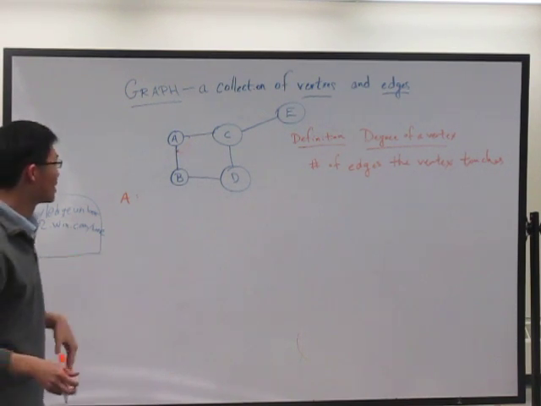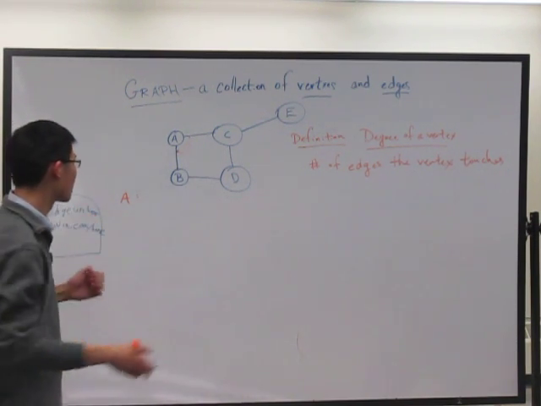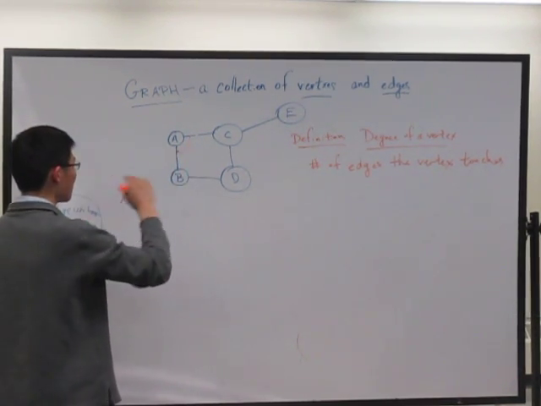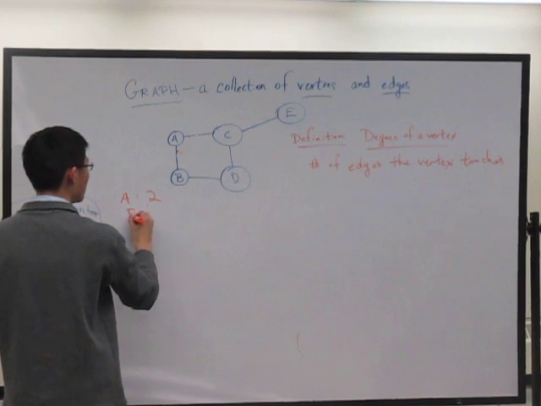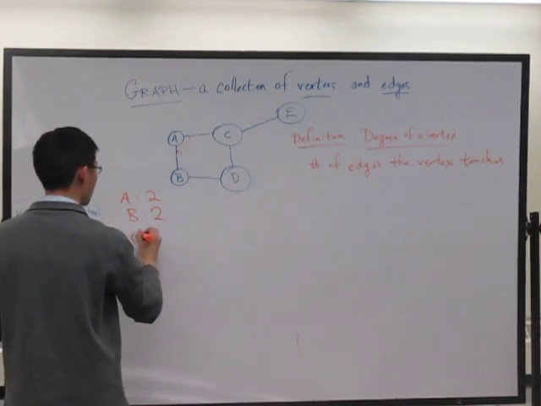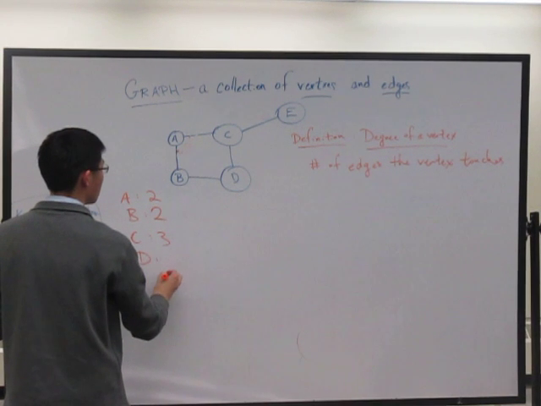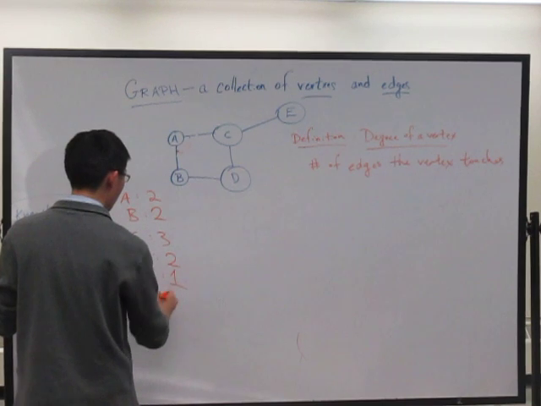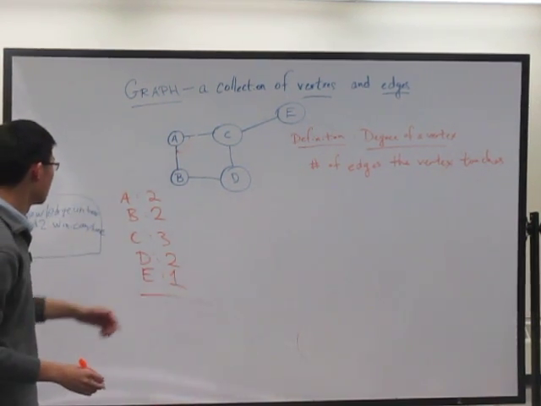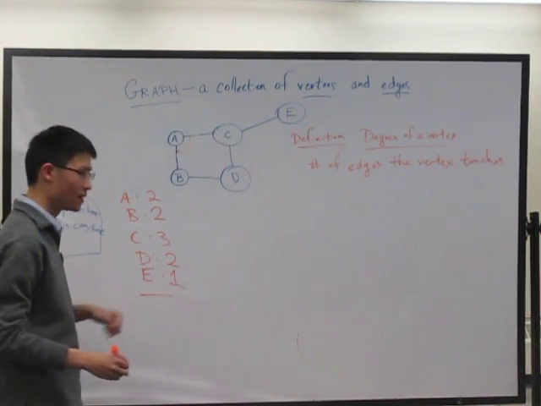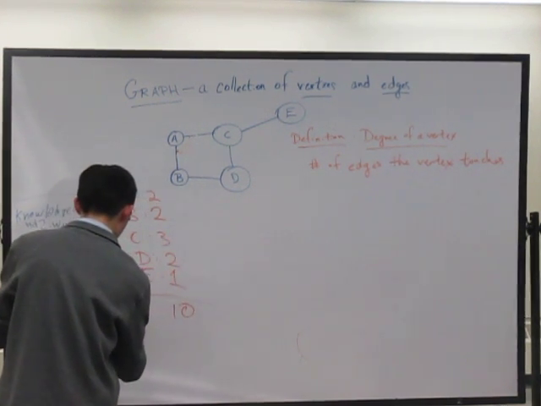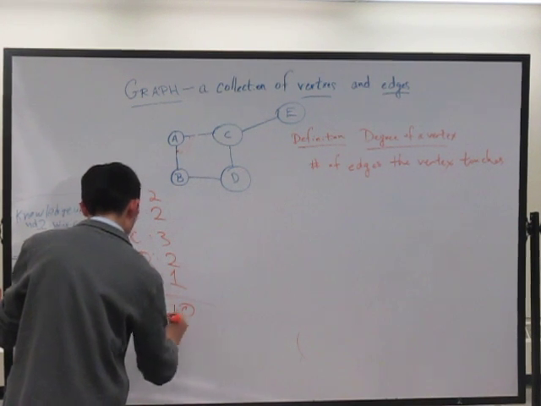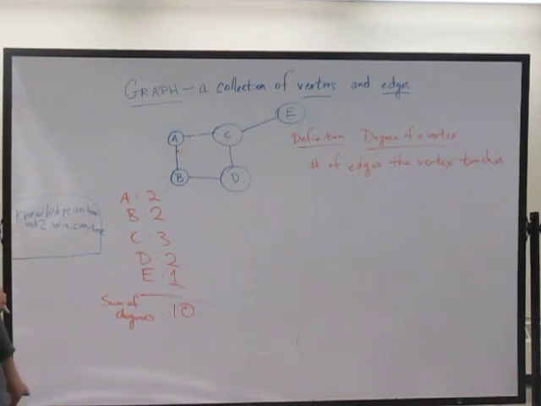That's in an actual geometry problem, where you'd use angle degree. Degree is just, we just count 1, 2, that's it. It's much simpler than angles. So A would be 2, B would be 2, C 3, D 2, and E 1. Now if we add these up, what do we get? 7, 9, 10. Cool. So this is the sum of degrees. We get 10.